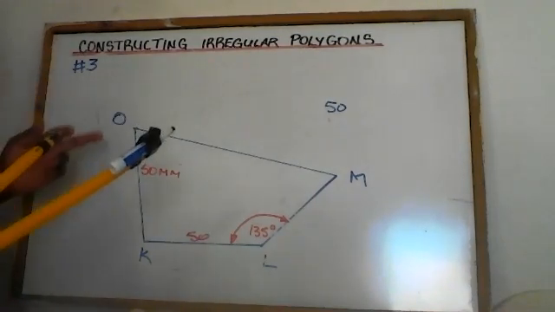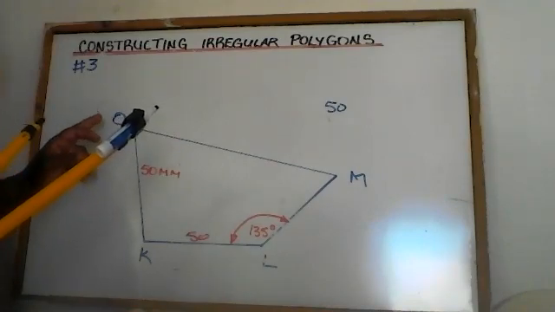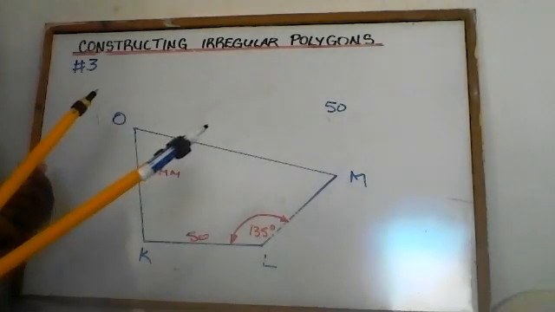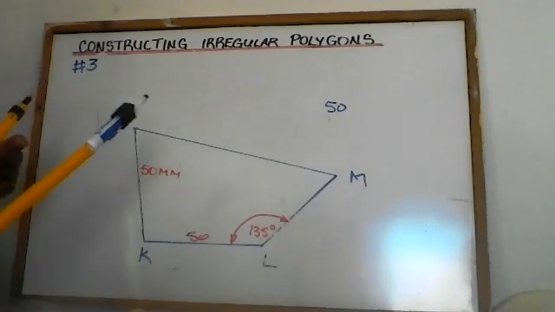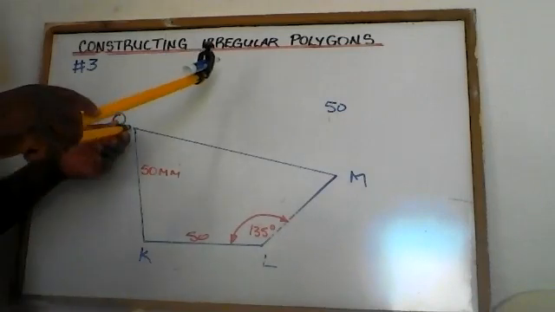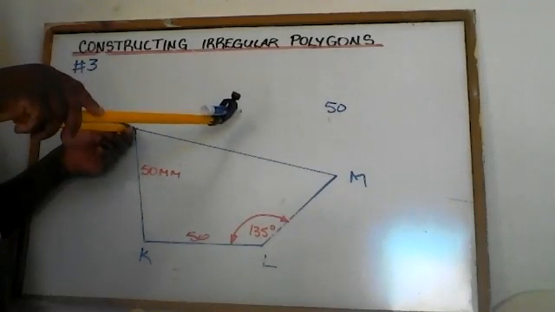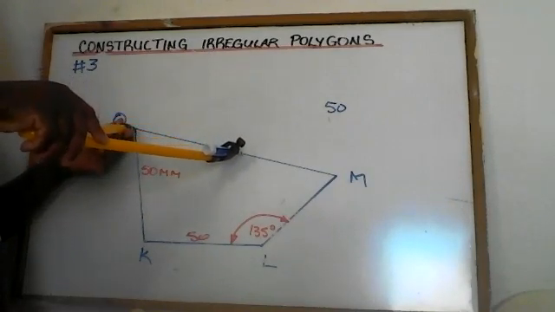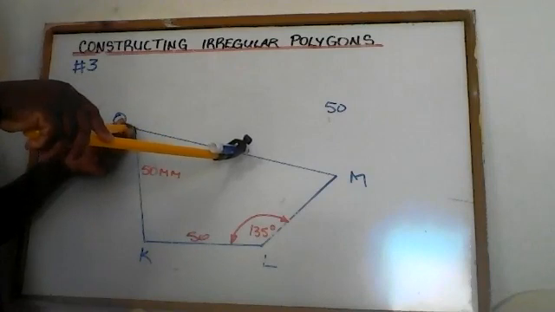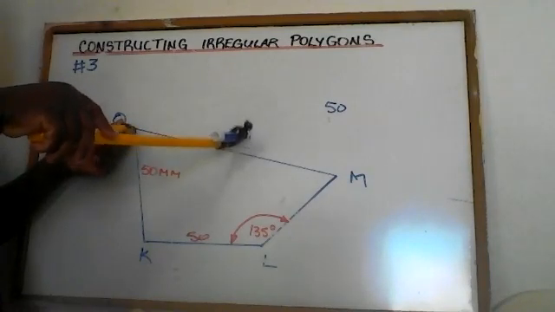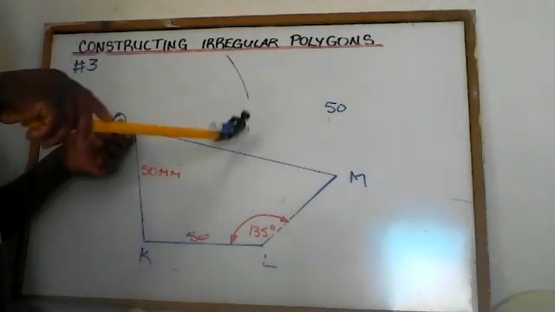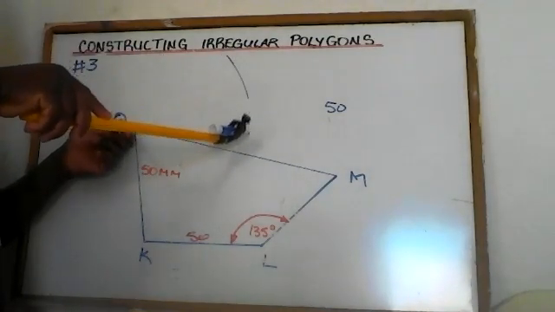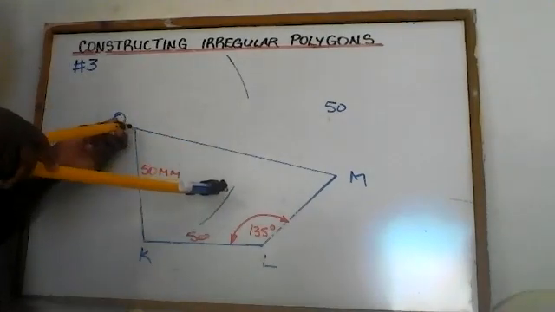So to bisect a line, we're now going to bisect the line OM. And to bisect, we simply mean we're going to cut the line in half. So we're going to find the center of the line geometrically. So with center at O and the radius of your compass just more than half the line, you can estimate that, we're going to swing two arcs on either side of the line, one to the top, one to the bottom.